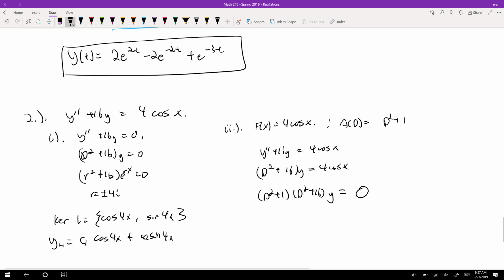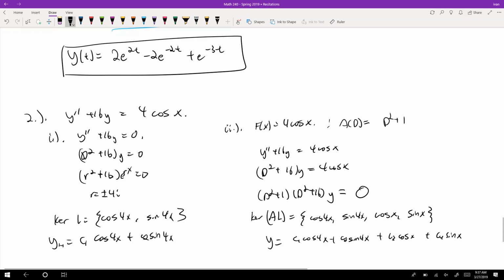So now I have the kernel that I need to find. The kernel of A times L is equal to cosine 4x, sine 4x, and then cosine x, sine x for D squared plus 1. So y is going to be equal to c1 cosine 4x plus c2 sine 4x plus c3 cosine x plus c4 sine x.